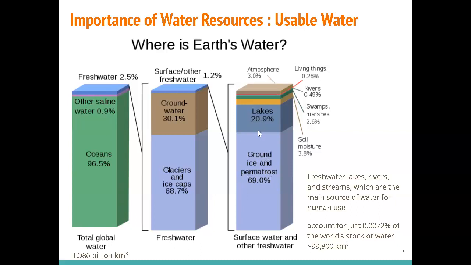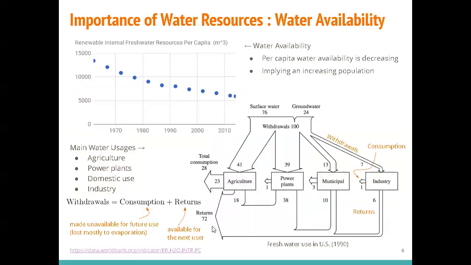And only 21% is from the lakes, and the others from the rivers, soil moisture, and also in the atmosphere. So a very, very small amount. If we calculate that from the total amount of water, only less than 1%, or less than 0.01%, is what we can use. That's why it's very important to talk about water resources.